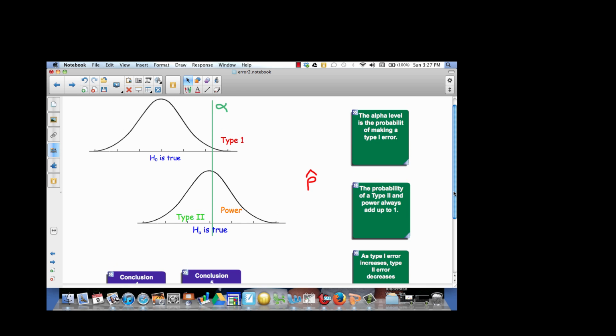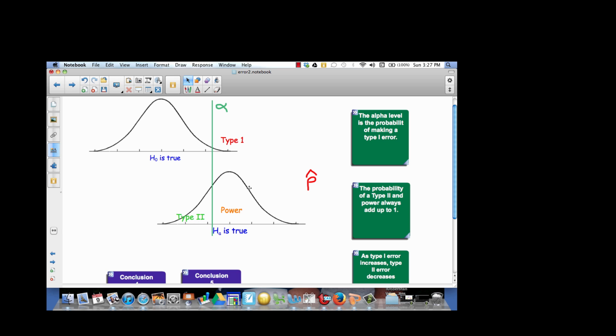Okay, the next kind of conclusion actually makes a lot of sense. I want you to say to yourself, when am I likely to reject the null when I should? When something's a little wrong or a lot wrong? Well, in the case, let's just say the null is really, really wrong. So the alternative would be really different.